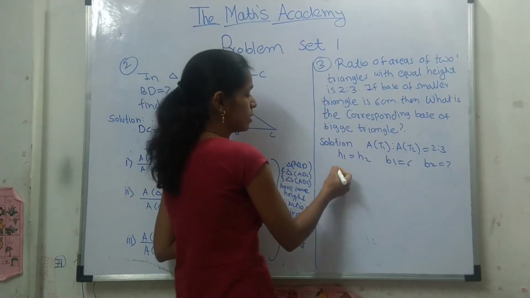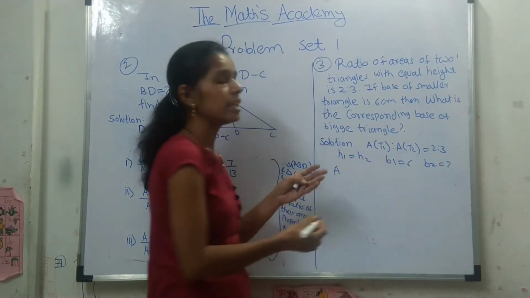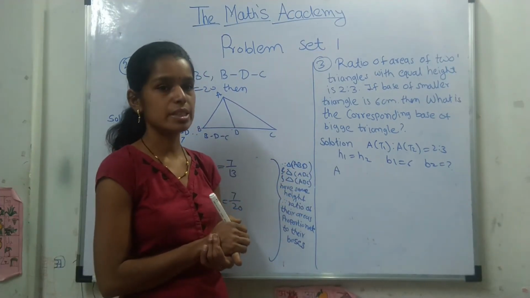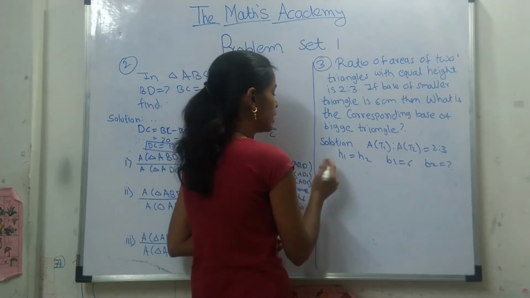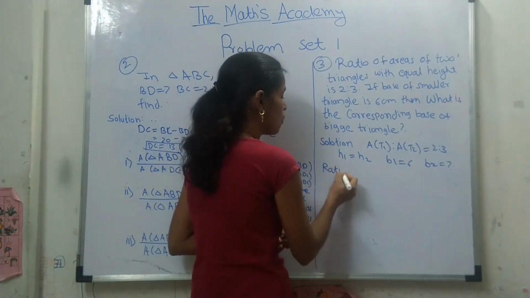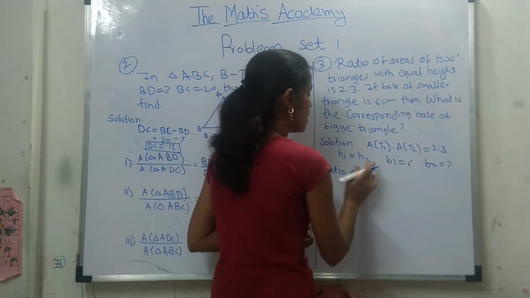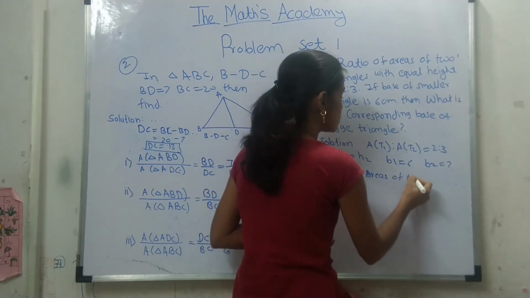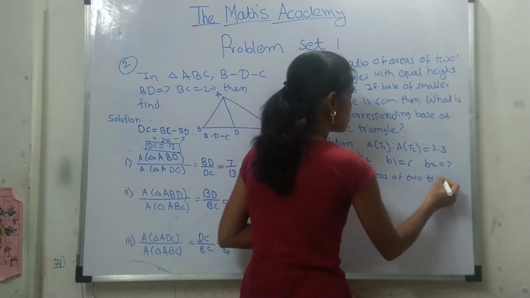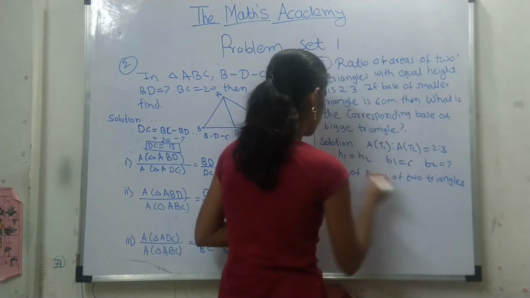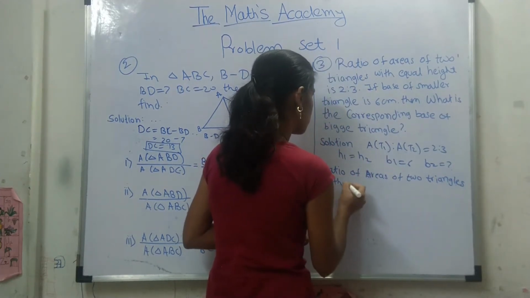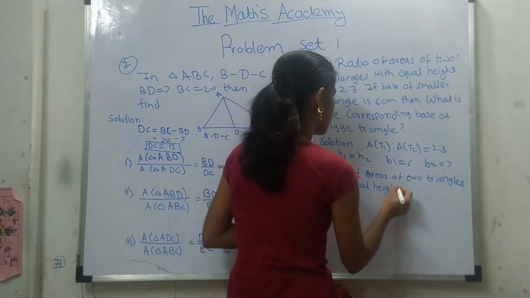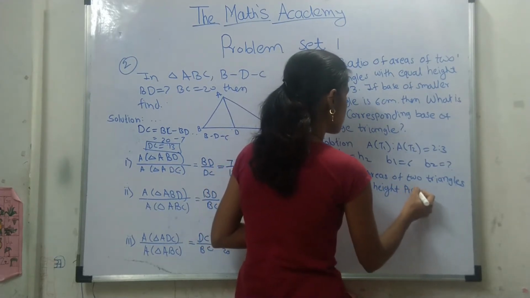We know that the ratio of areas of triangles with same height corresponds to their bases. So we will write it here. Ratio of areas of two triangles with equal height is proportionate to their bases.